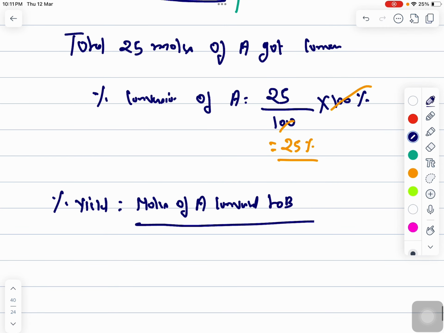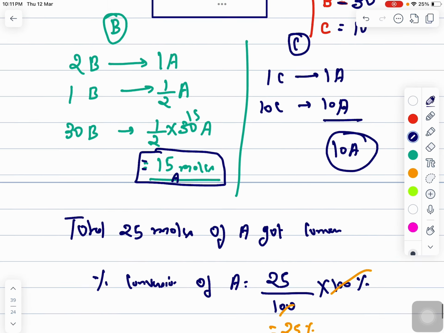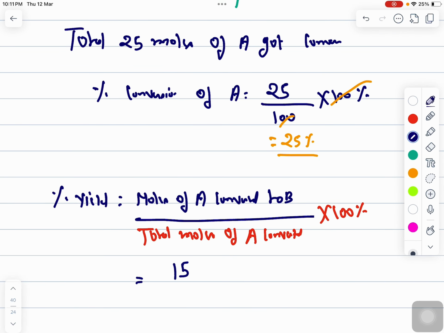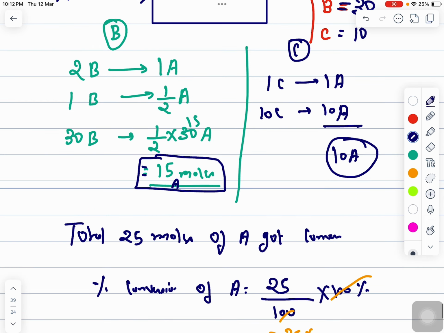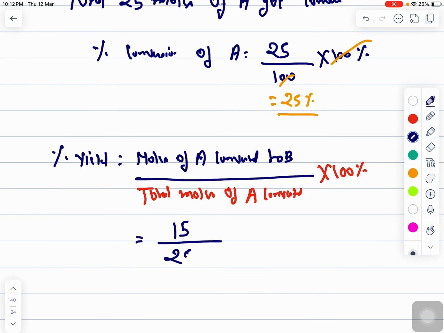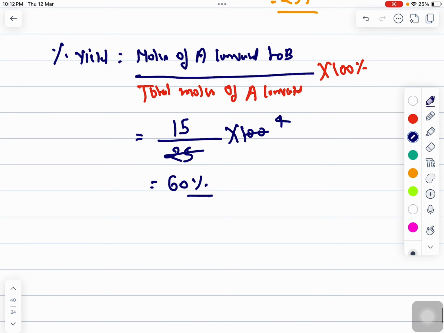So total moles of A converted, into 100%. Now you must be knowing these things. How many moles of A converted to make B? That is your 15 moles. And total moles of A converted was 15 plus 10, it is 25, into 100. So percentage yield is 60%. And this percentage yield is your reactor yield.